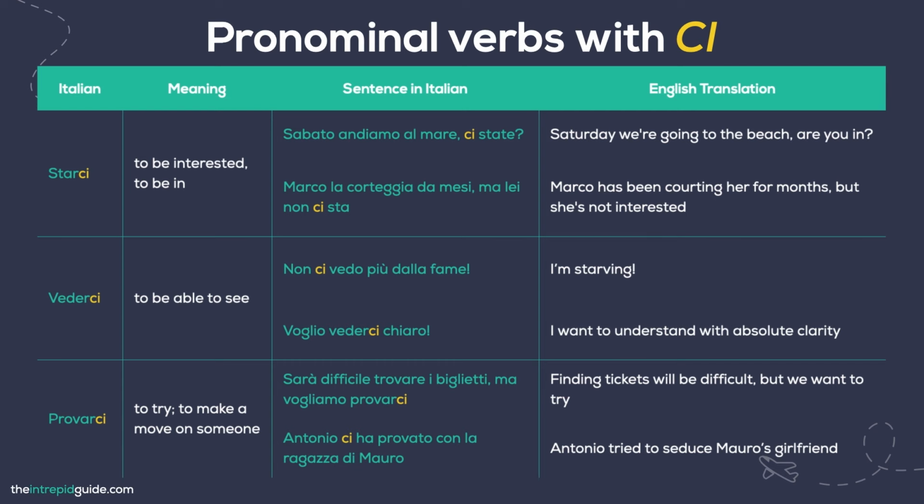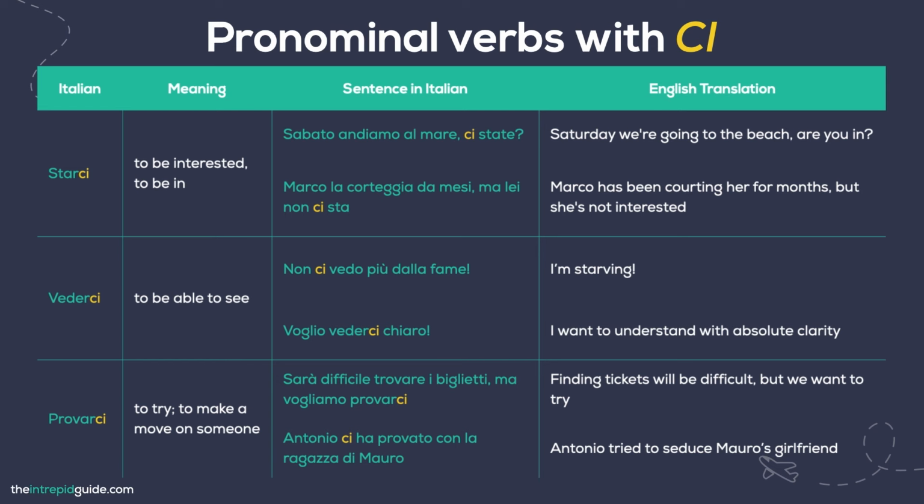In dating vocabulary, it can also mean being interested in initiating a relationship, often with a sexual component. For example, Sabato andiamo al mare. Ci state? Saturday we're going to the beach. Are you in? Marco la corteggia da mesi, ma lei non ci sta. Marco has been courting her for months, but she's not interested.